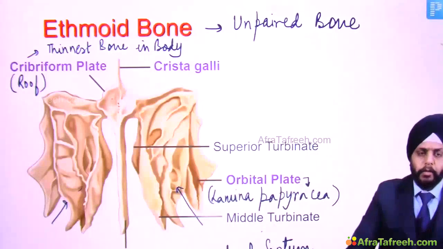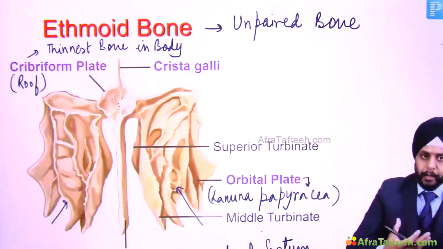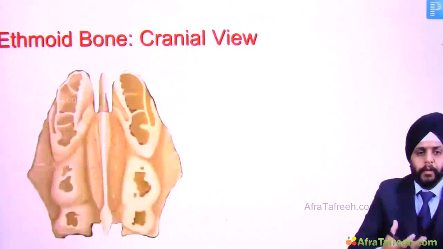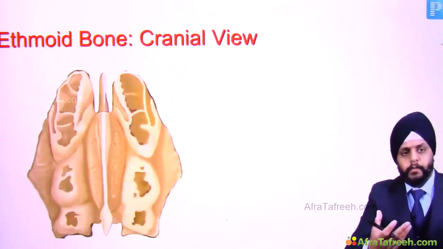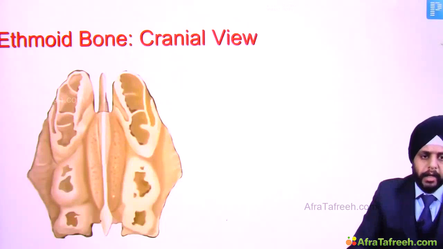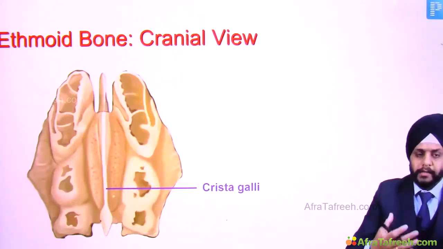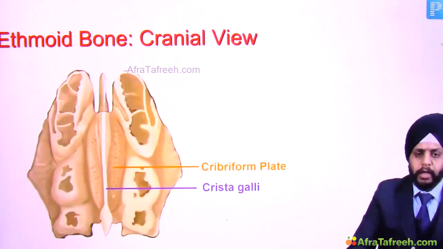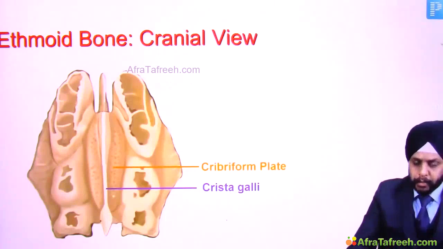Now let's have a look at the ethmoid bone from above. From inside the cranial cavity, this is how it looks. Once again, you can identify the crista galli, and around the crista galli on both sides you can see the cribriform plate.